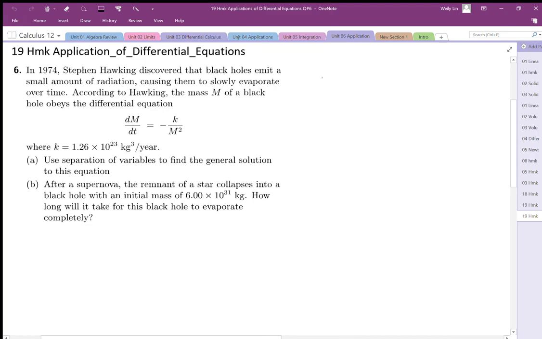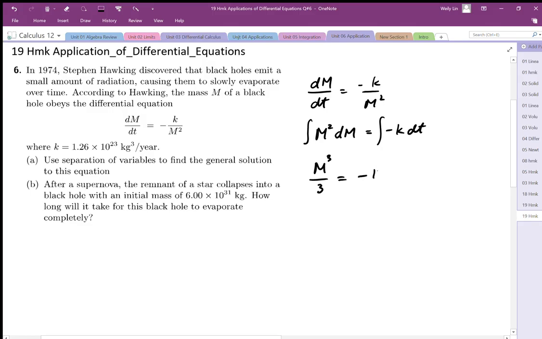To find the general solution, we start with our differential equation, dm/dt = -k/m². We separate our variables, so we end up with m² dm = -k dt. We integrate both sides, and I end up with m³/3 = -kt + c.